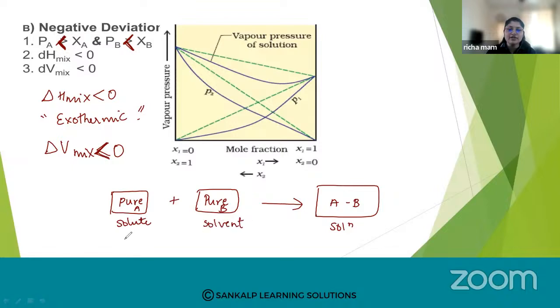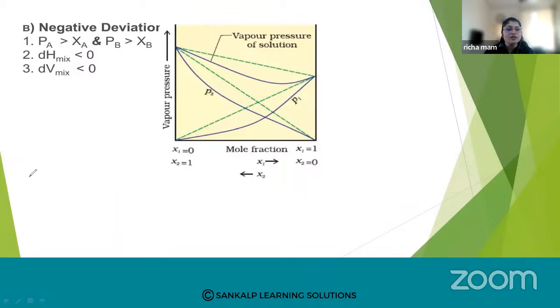Suppose I have taken 20 ml of this and 10 ml of this. So the resulting solution is 25 ml. This is 30 and this is 25. So after mixing, the solution we have got is less than the sum of the individual components.